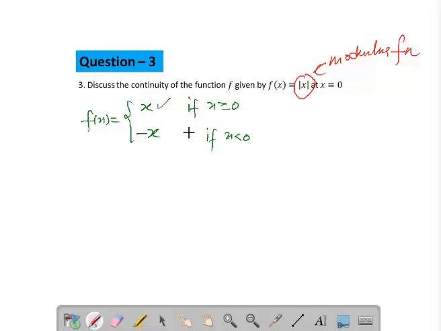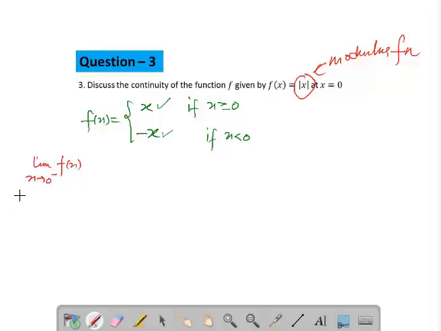When x is slightly less than 0, we need to take this function. So in order to find the limit of this function as x tends to 0, we need to find the left hand limit and right hand limit, and we need to see whether the left hand limit is equal to the right hand limit or not.